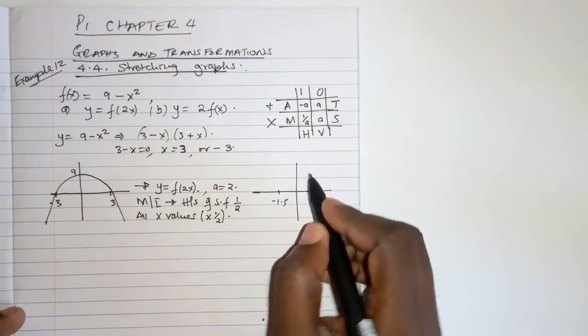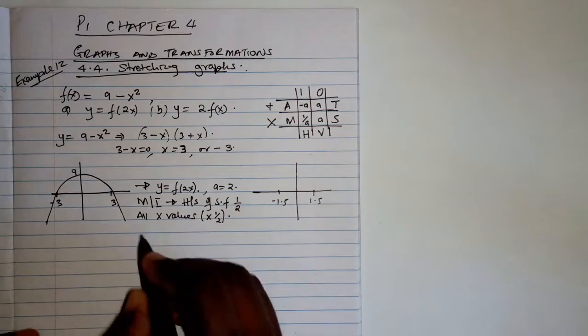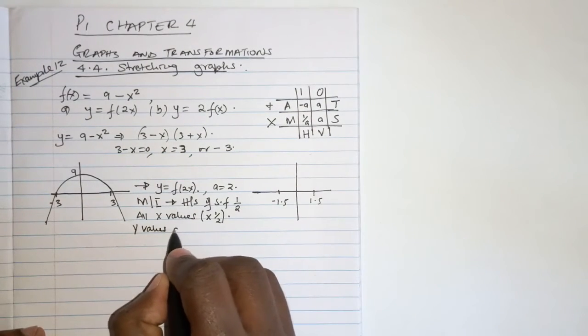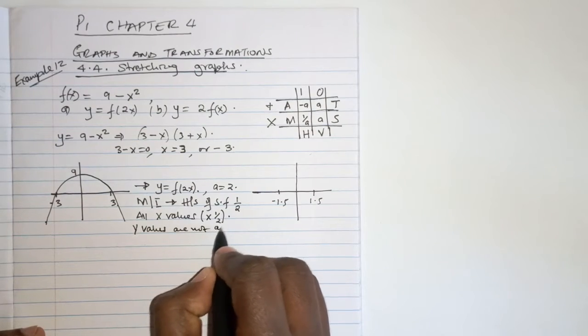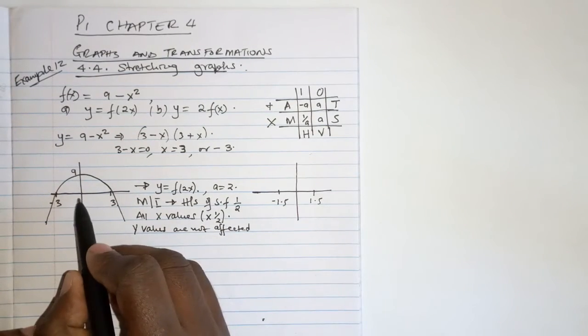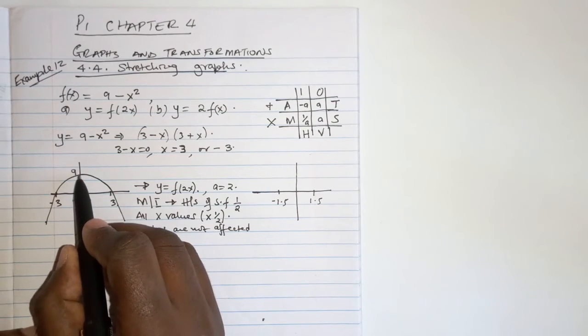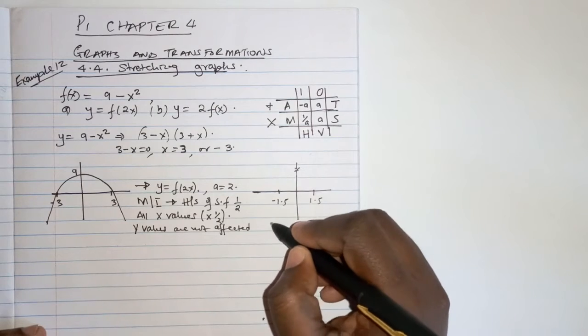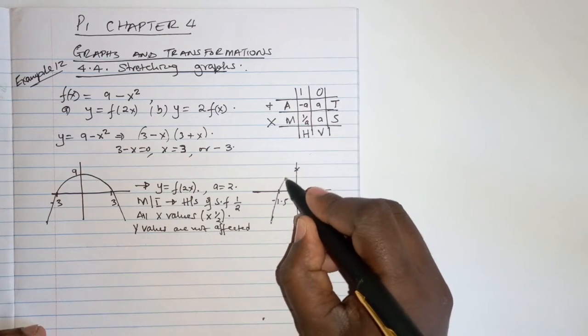But no y value is changed. Y values are not affected. So where we have 9, it remains 9 because y has to remain, and the shape is maintained.